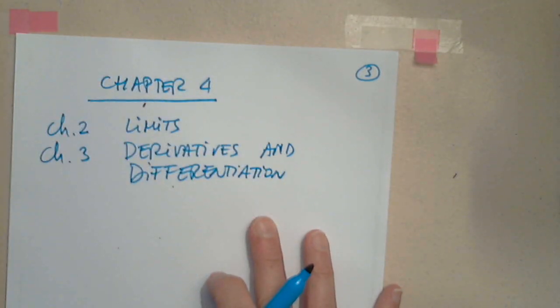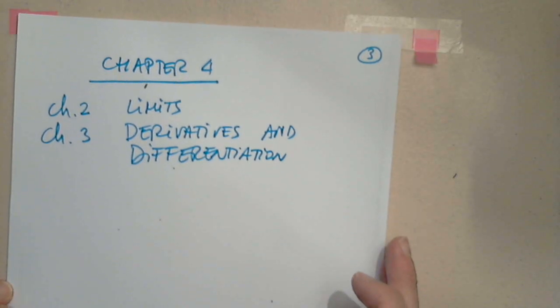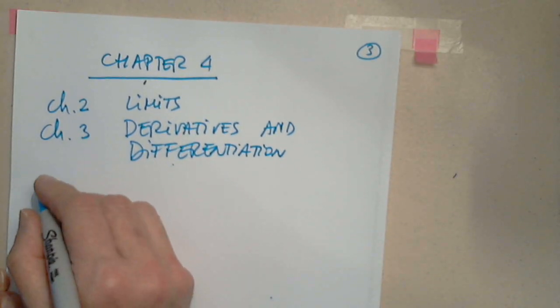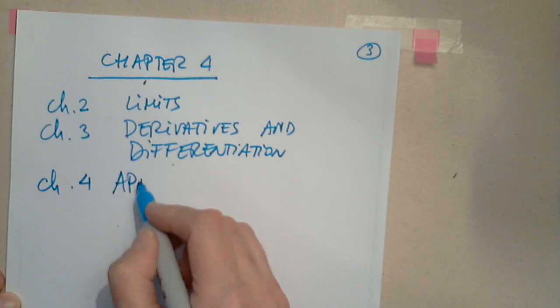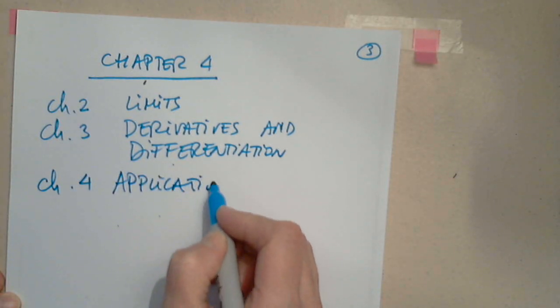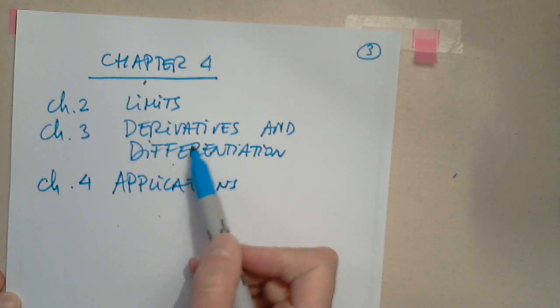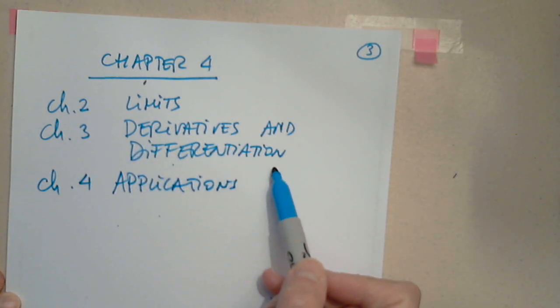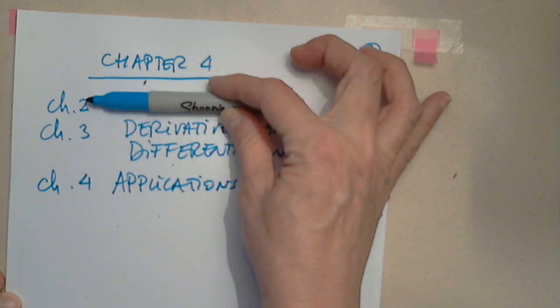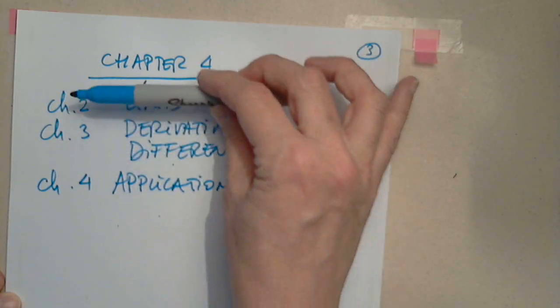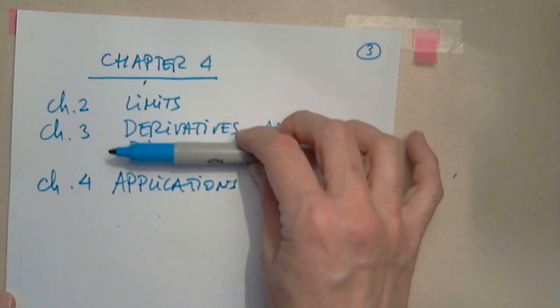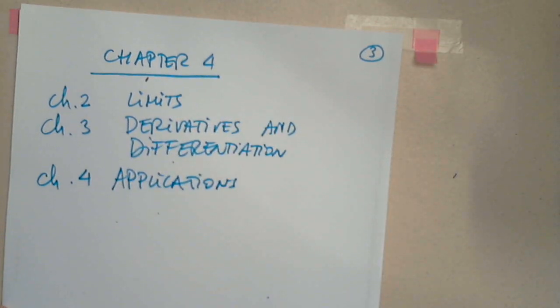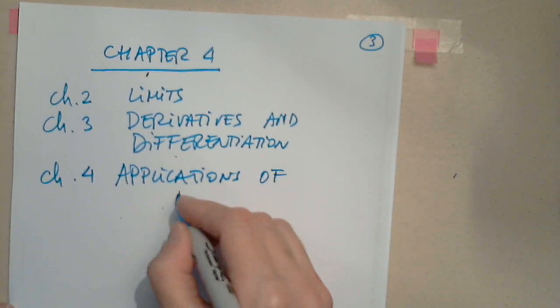Is that clear, everyone? Yes. Okay. Now in chapter 4, we are going to look at applications of derivatives or differentiation. So this was the basic, then we built on the limits to determine the derivatives, and now we're going to apply derivatives in applications. Applications of differentiation.